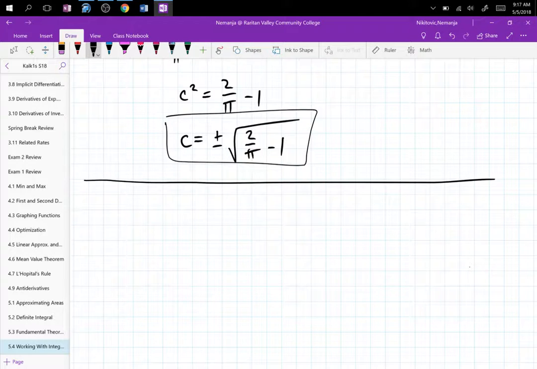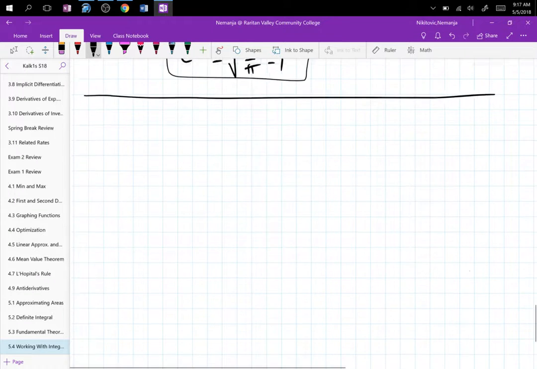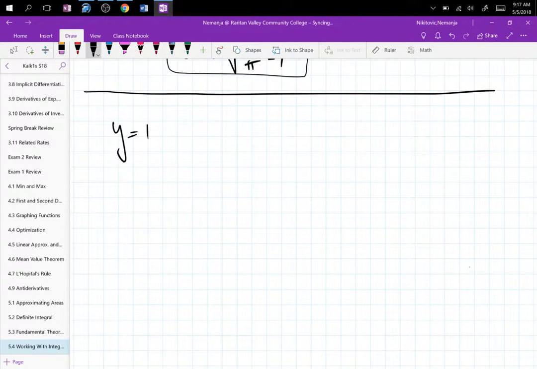The height of an arch above the ground is given by the function y equals 10 sine x from 0 to pi. So this is problem 33. What is the average height above the ground?